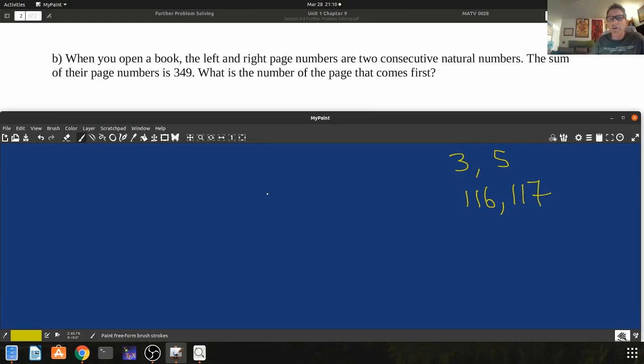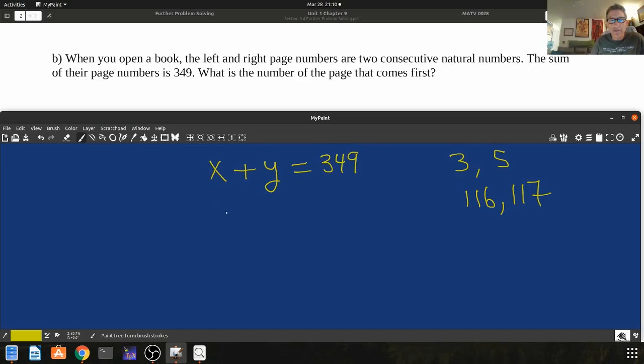The sum of the page numbers is 341. So we'll let x be the first page number and y the second page number. And when I add the page numbers together, I get 349.